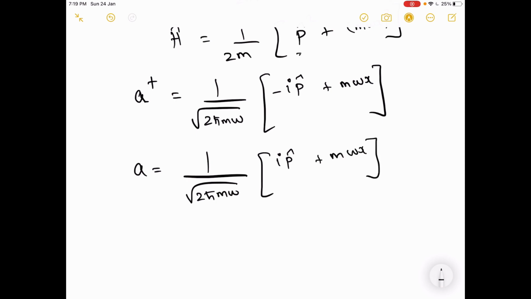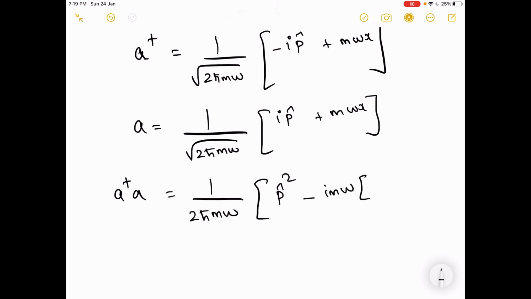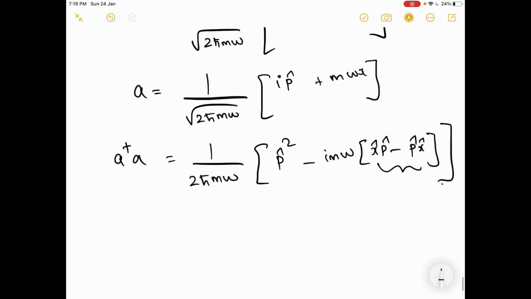They are defined in such a way that if I multiply one by the other, a dagger a, it will come out to be 1 by 2 h cross m omega times p hat squared plus m squared omega squared x hat squared, minus i m omega times x hat p hat minus p hat x hat. Now we know this is the commutator, and we know its value is i h bar from our previous descriptions.